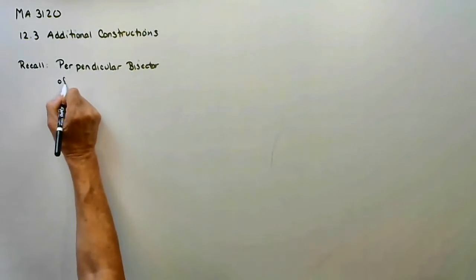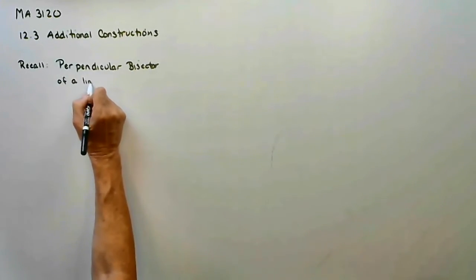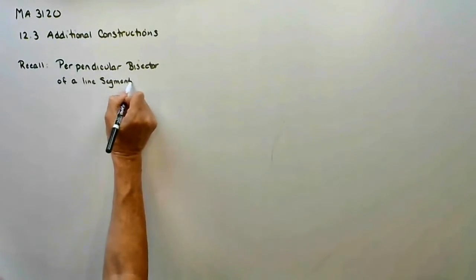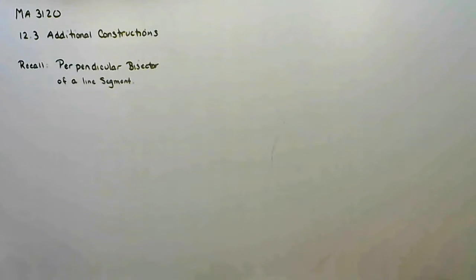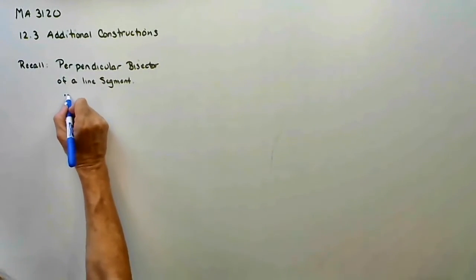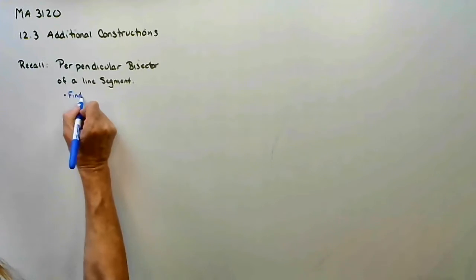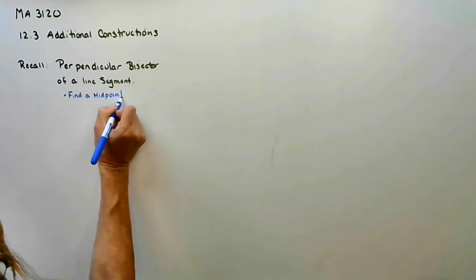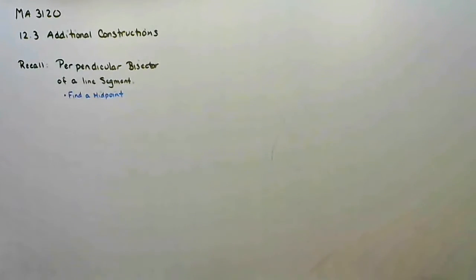Here we'll even go farther of a line segment. If I bisect something, that means I cut it in half, 2 equal segments. If we have 2 equal segments, this will allow us the opportunity to find a midpoint, because if it bisects it, it creates 2 different congruent pieces.